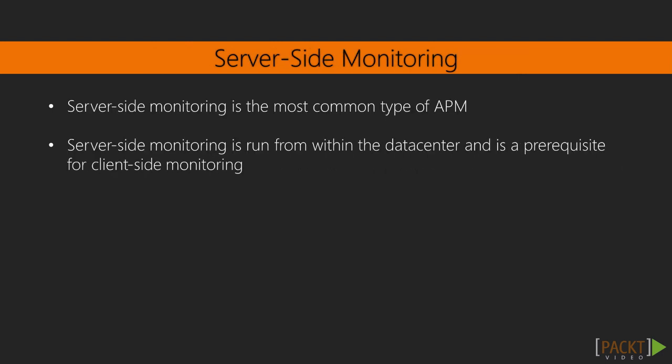Now, server-side monitoring is the most common type of application performance monitoring that you will deploy, because this is where you can actually measure and monitor the performance of the application from the server, the requests that the server is sending or receiving. Server-side monitoring is run from within the data center, and it is also one of the prerequisites for your client-side monitoring.